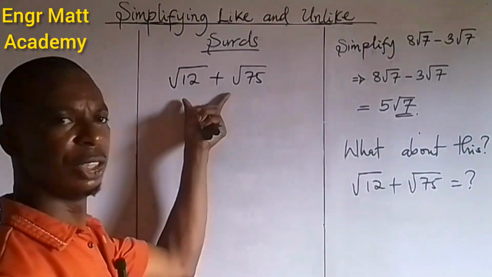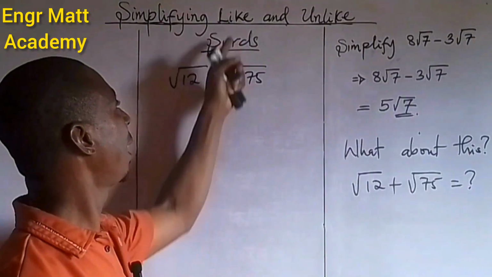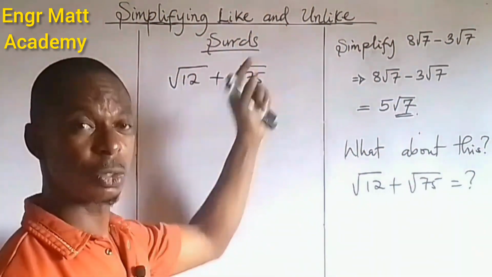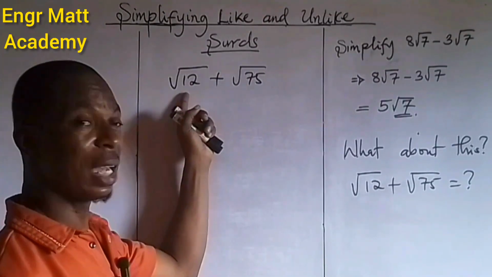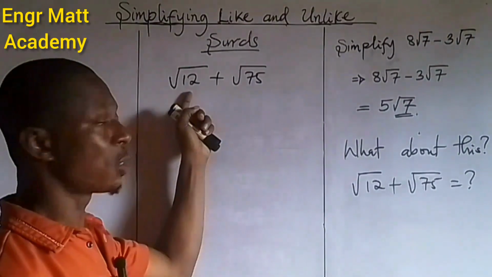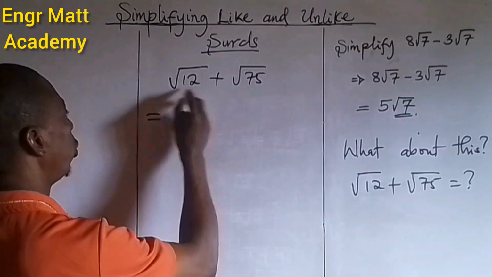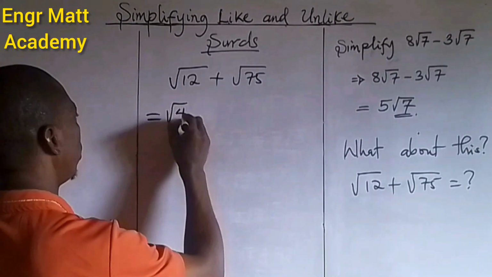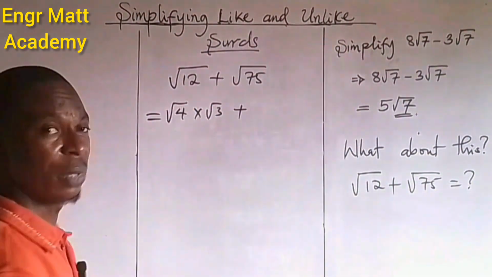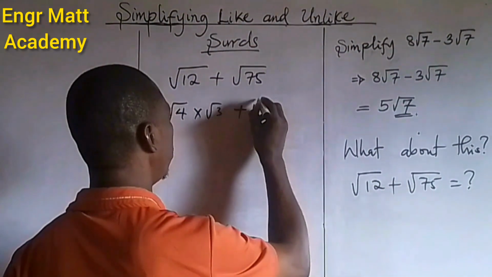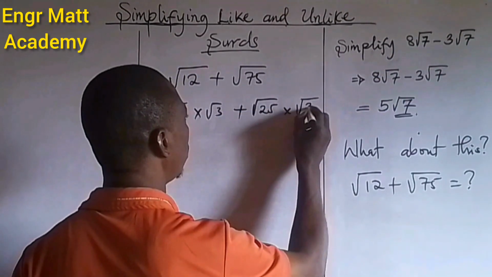At this initial form, it is difficult to tell whether these two surds are like surds or unlike surds until we simplify each of them. And remember, if you are simplifying surds, you split the surds into 2 factors. So root 12 becomes root 4 times root 3 plus root 75 becomes root 25 times root 3.